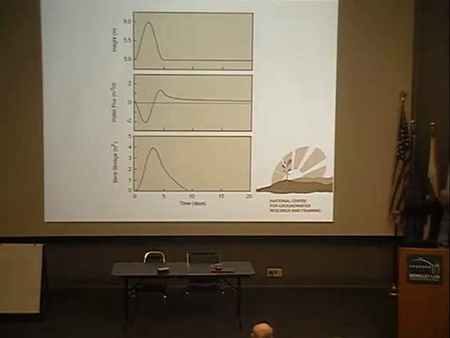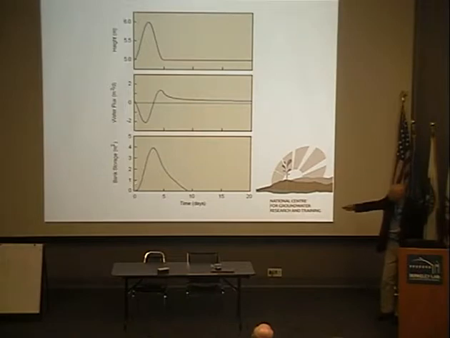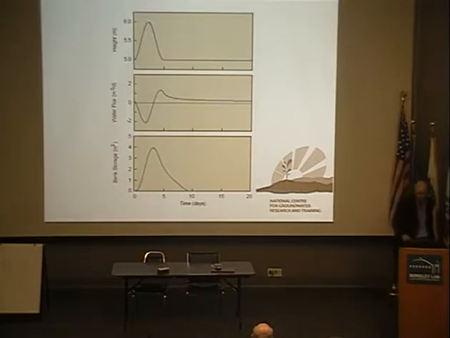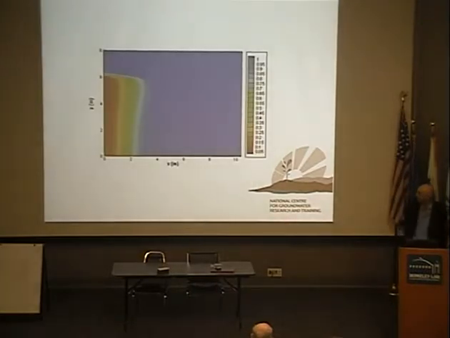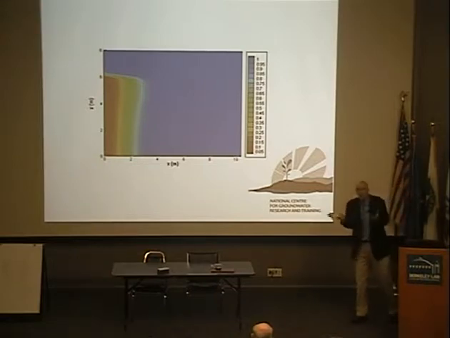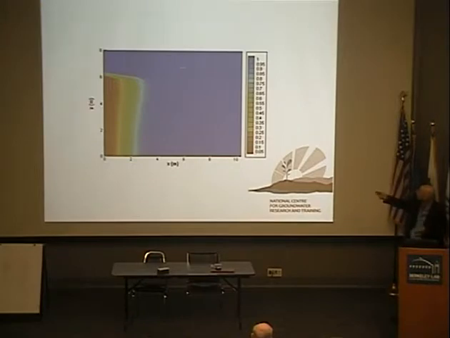And the bottom diagram just shows the volume of bank storage. Water moves in, we get more and more bank storage, and then it all goes out, and we're back to where we started off. This is the chemistry of water during that process. This is actually the chemistry of water at the height of that bank storage. So 1 is groundwater and 0 was river water.